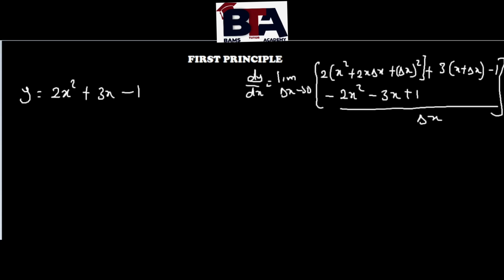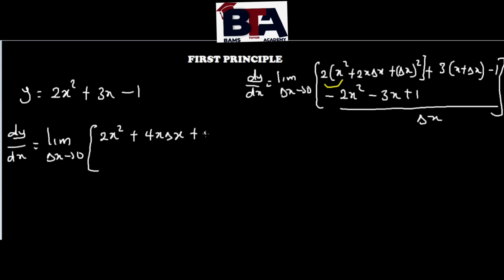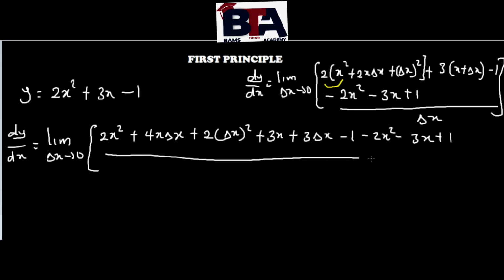Now we have dy all over dx is equal to the limit of change in x tends to 0 of, I can open the bracket, so 2 times x squared, I will have 2x squared plus 4x change in x, plus 2 into change in x squared, that's for that, then plus 3x plus 3 change in x minus 1 minus 2x squared minus 3x plus 1, all over change in x.